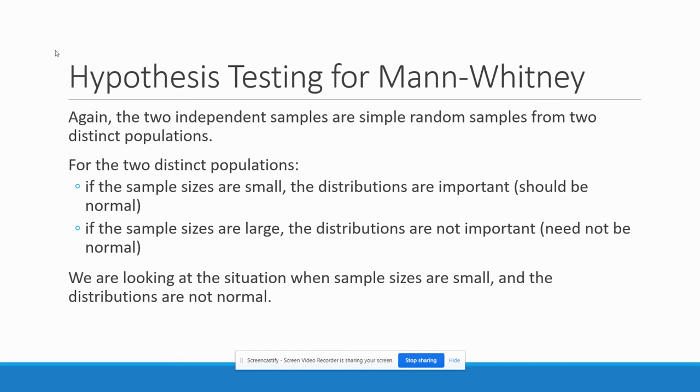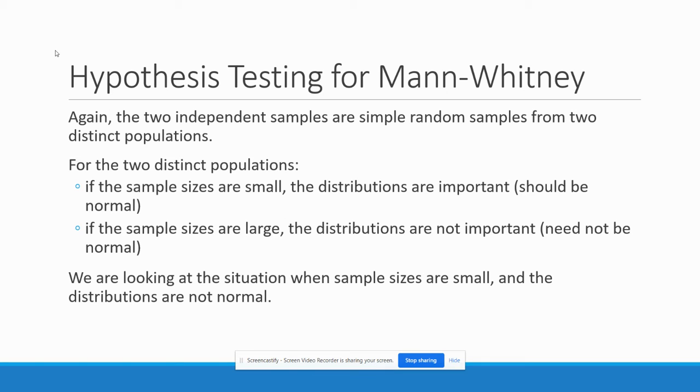So, hypotheses test for a Mann Whitney. Again, the two independent samples are simple random samples from two distinct populations. For the two distinct populations, if the sample sizes are small, the distributions are important and should be normal. If the sample sizes are large, the distributions are not as important, so they don't need to be normal.